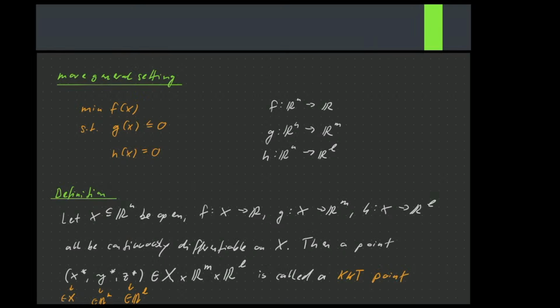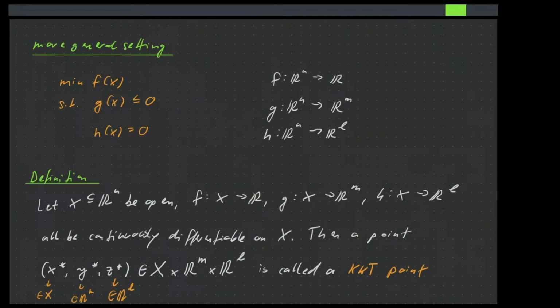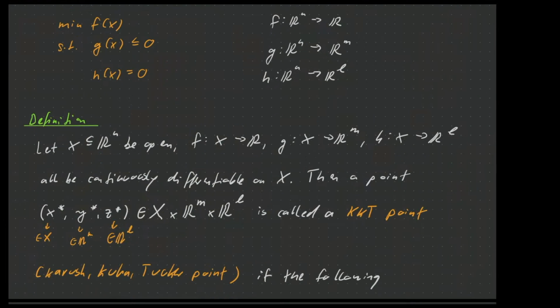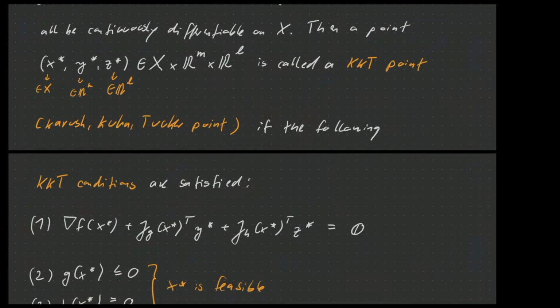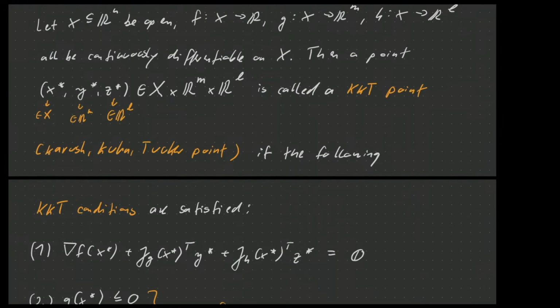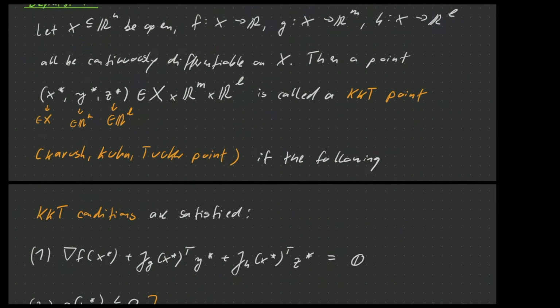We've also talked about a more general setting where we're adding inequality constraints. And there's a more general theorem that characterizes the candidate points for optima subject to this more general setting. This is called the KKT theorem.